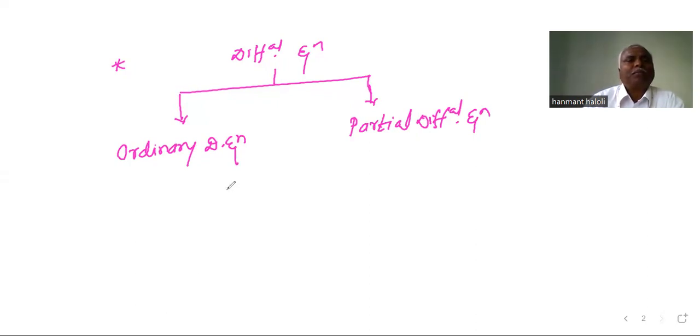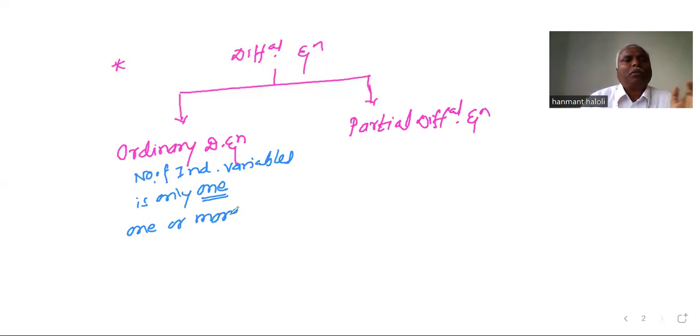In an ordinary differential equation, the number of independent variables is only one, with one or more dependent variables.